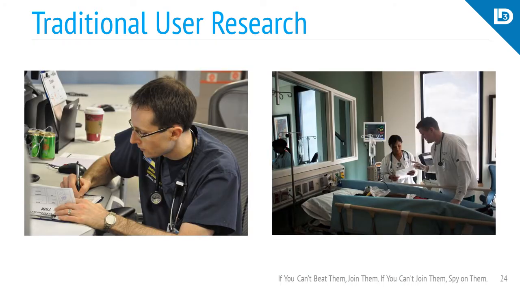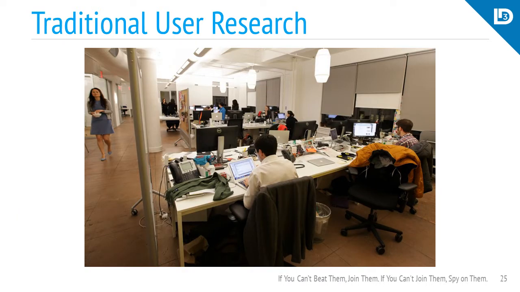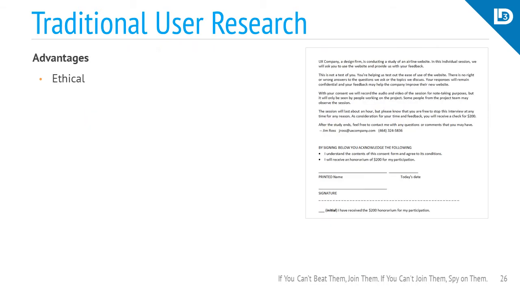It could be shadowing, where you follow a person around throughout a period of time, such as following a doctor around during his or her daily routine to see what they do, and then asking questions at various points to clarify what you see. Or it could be just sitting back and observing what people naturally do without interacting with them. So, pure observation. In this case, the participants do know that they're being observed, but otherwise you just sit back, try to remain inconspicuous, and take notes.